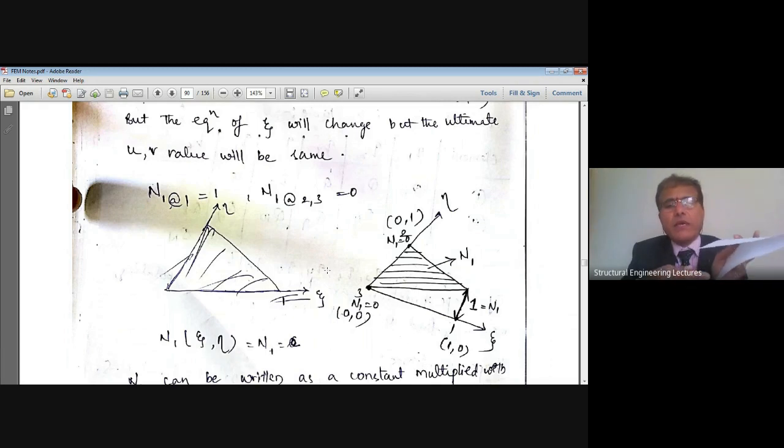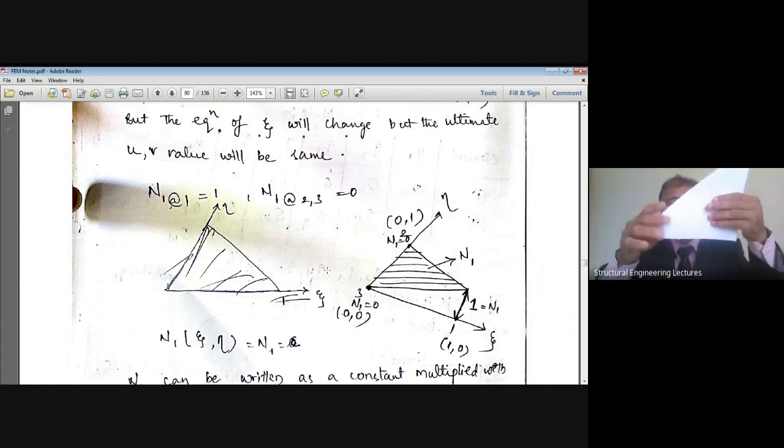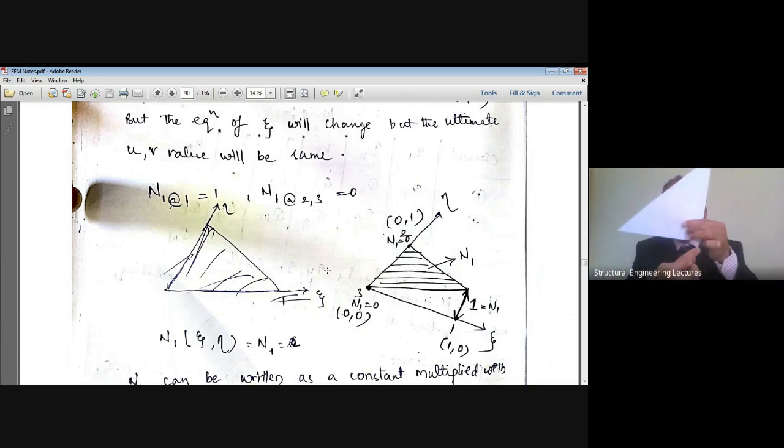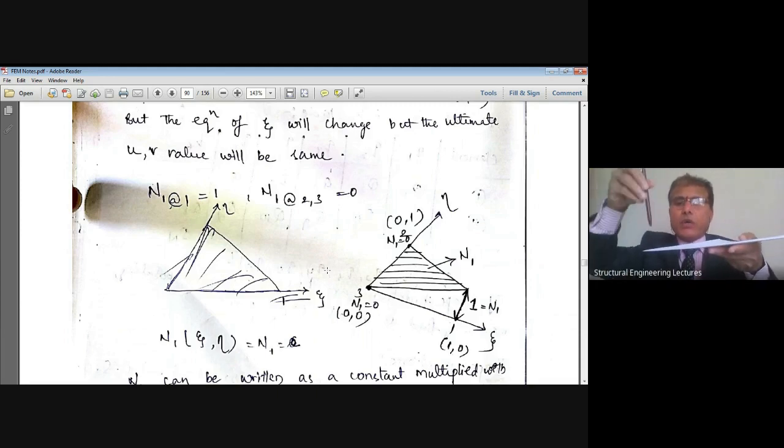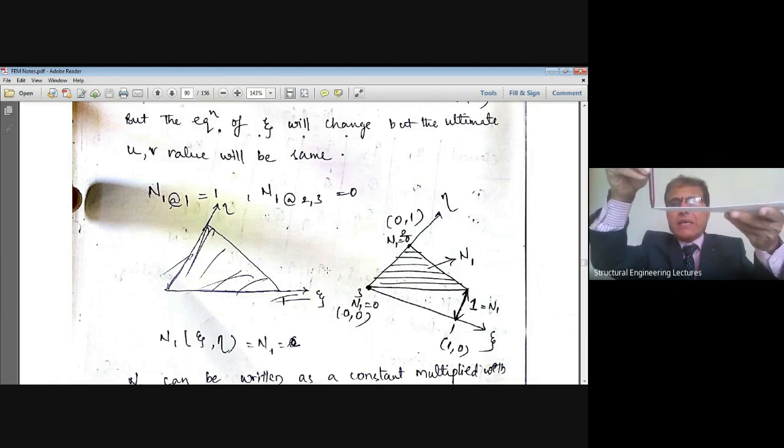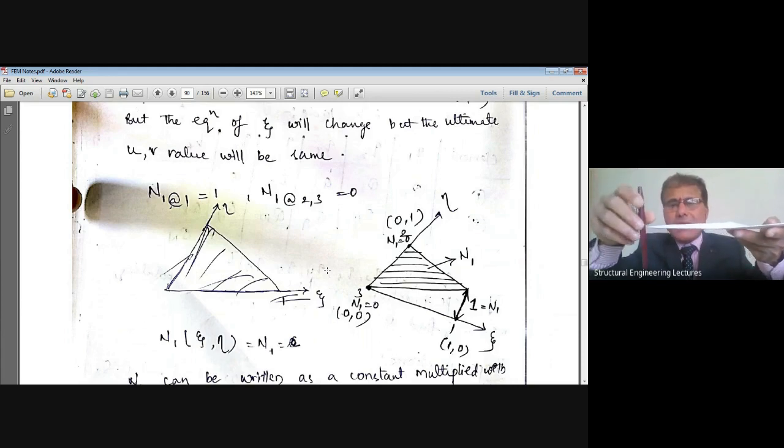For node 1, you please see this: node 1, node 2, node 3. This node 1 means if a unit load is applied at node 1, then this node will totally get 100% reaction or support reaction.